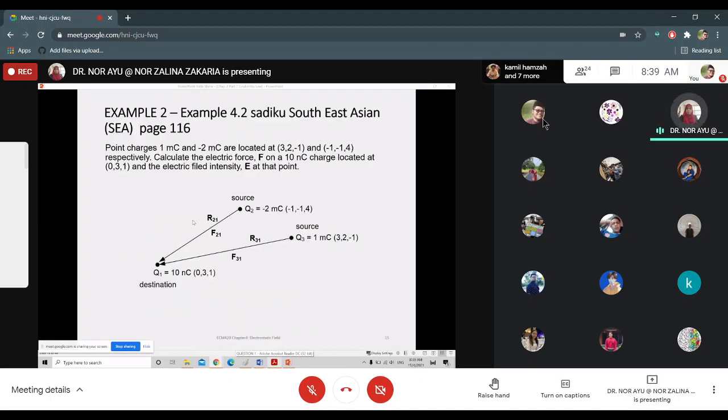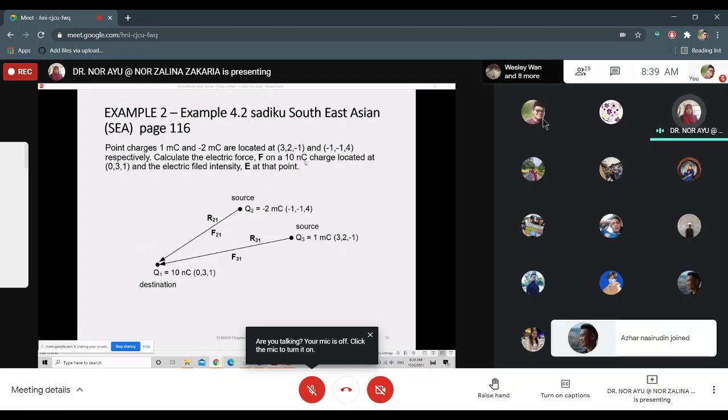Okay, and this is another example, an example for multiple charges. Instead of two charges like just now, we now have three. For this one, you need to find the force at the 10 nanocoulomb charge, which will be here.